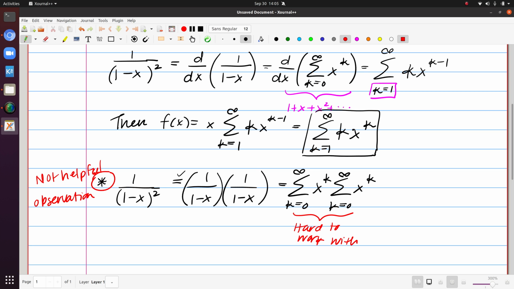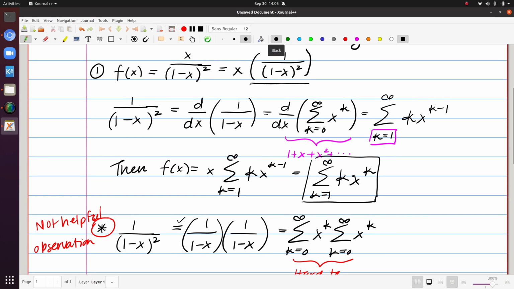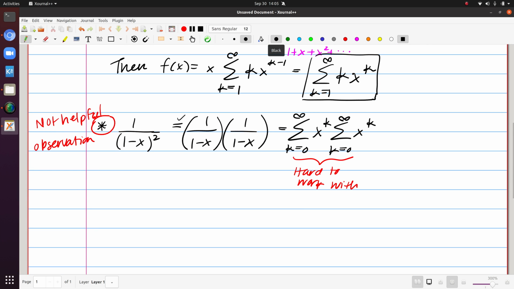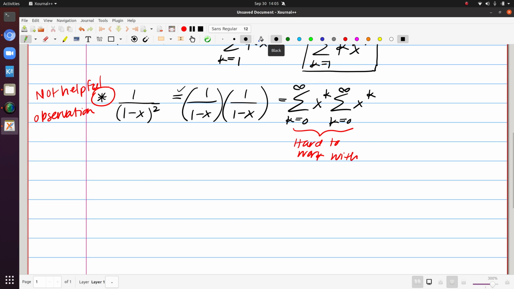And that's why, in general, when you're looking at a function and you want to relate it to one of the known ones, the goal is to try to relate it in some way through either function composition, differentiation, or anti-differentiation. Viewing anything as a product of functions that we know the Taylor series for is not going to help us find a single Taylor series. So we want to kind of steer away from that.